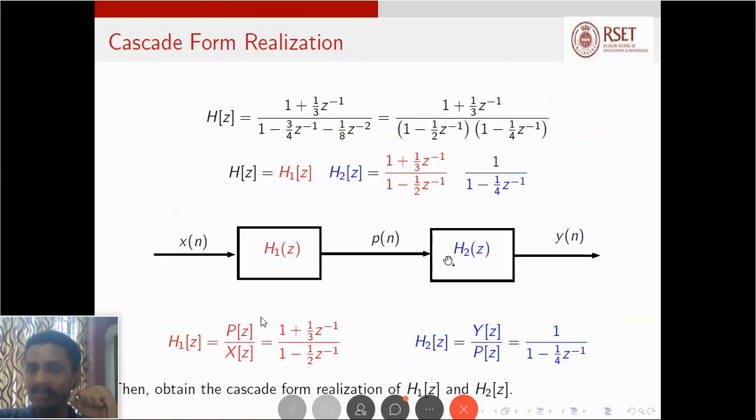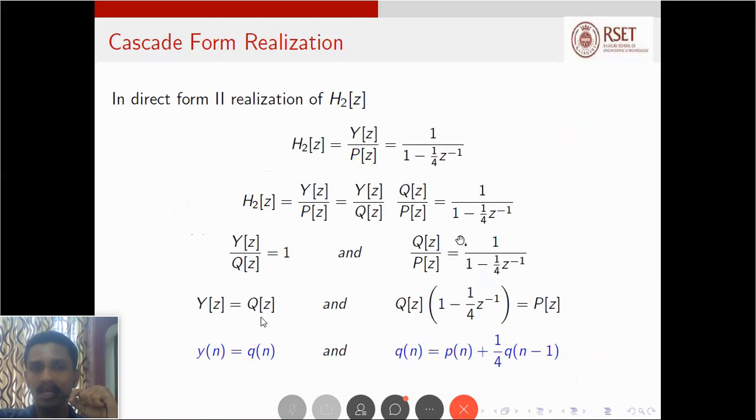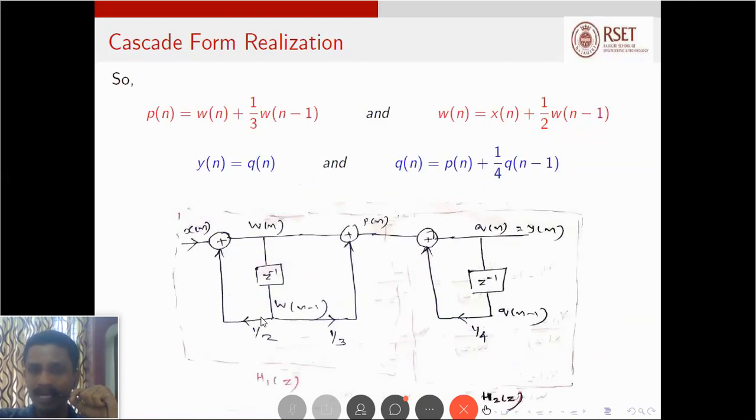Cascade them like this, and you will get the cascade form realization of the corresponding system.